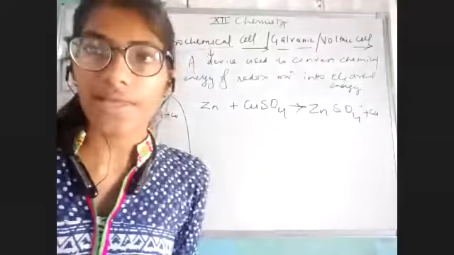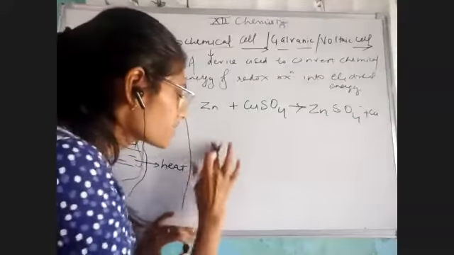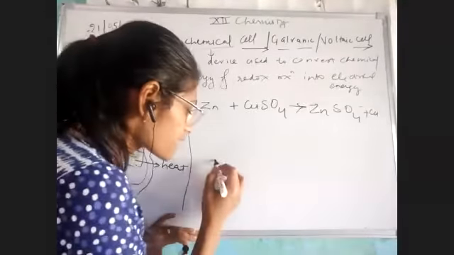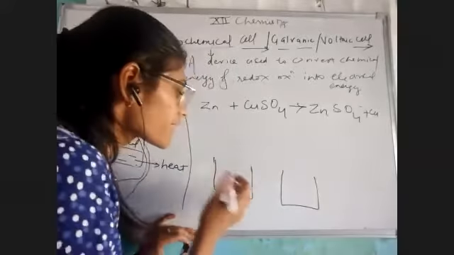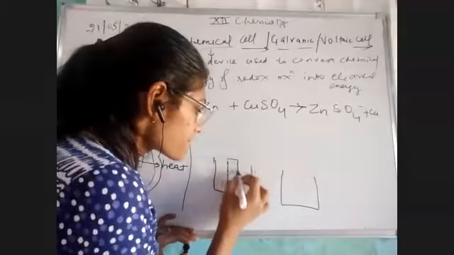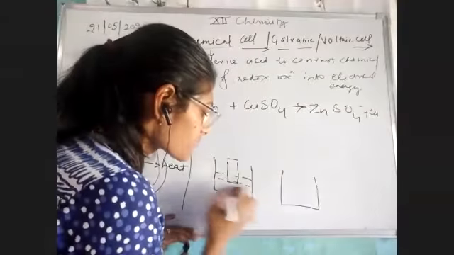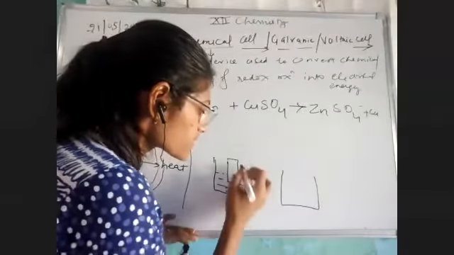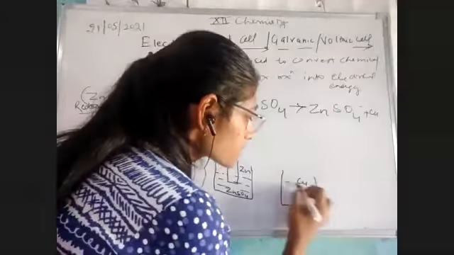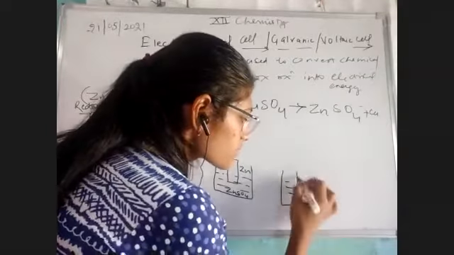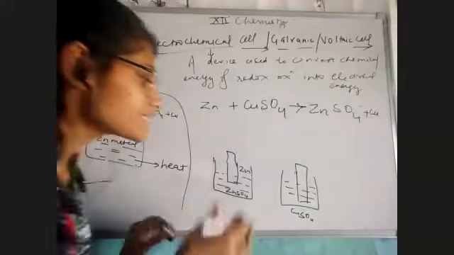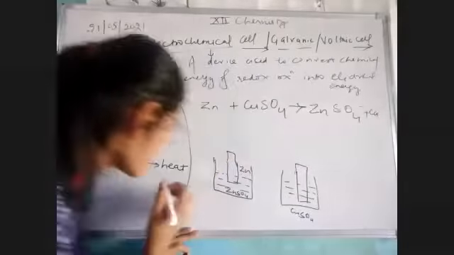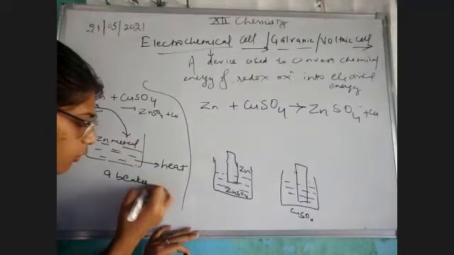If we try to set up the diagram of the electrochemical cell, there are two different beakers in which zinc metal is put with the zinc sulfate solution, and similarly copper metal is placed in the copper sulfate solution. Now the first point is, these beakers are known as half cells.